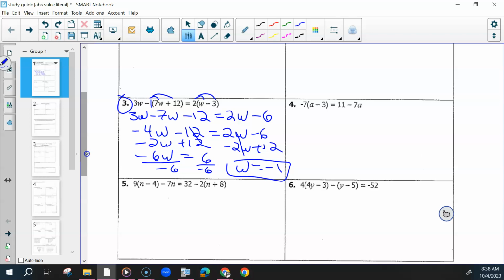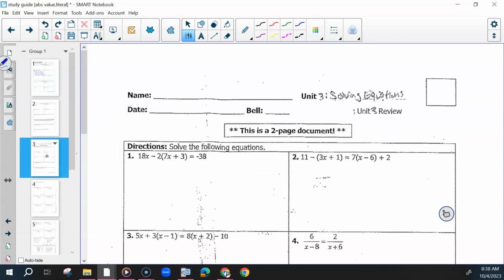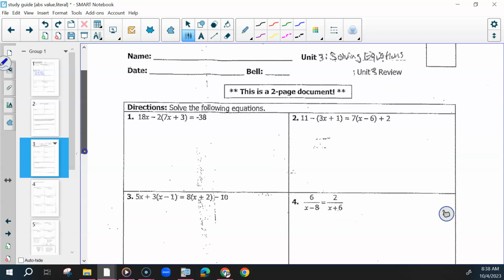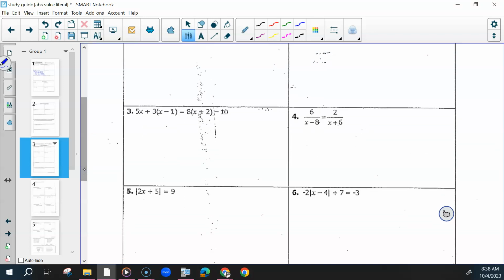If no other questions on this page, not the back of that page, but skip a page and go to the page that looks like this. Numbers 1 through 4, any questions on those? So for number 4, like Jonathan said, we would cross multiply.